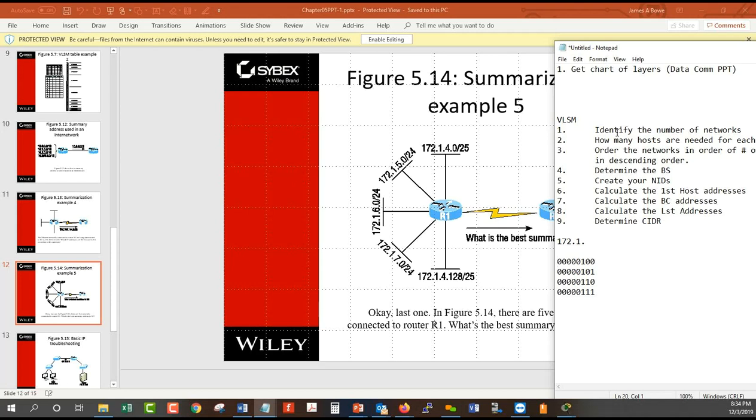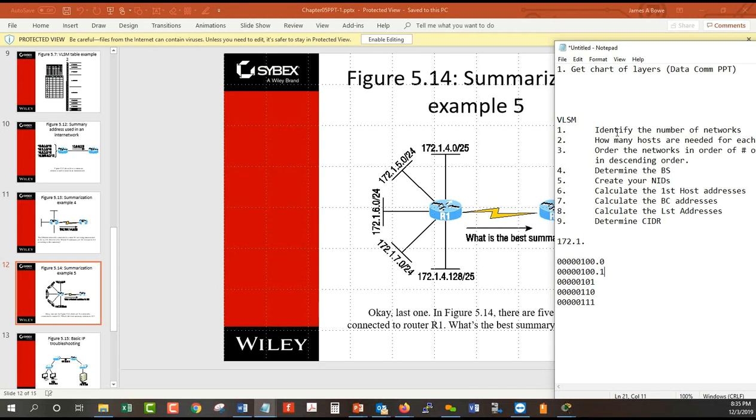Okay. And then finally, if you look at the 4.0, we're looking at that extra bit. And down below, the 4.128 network ID is this, okay?